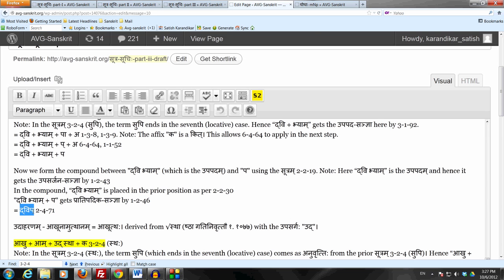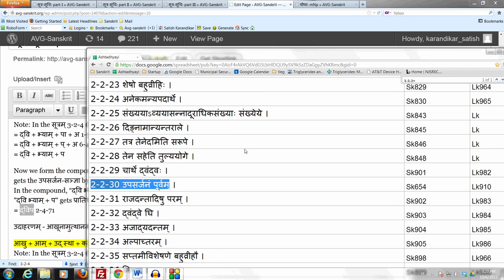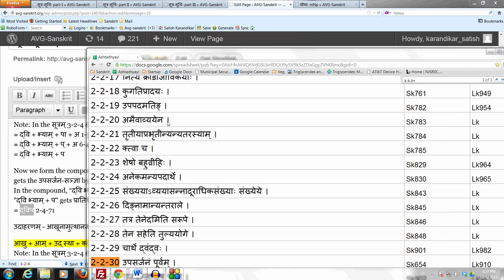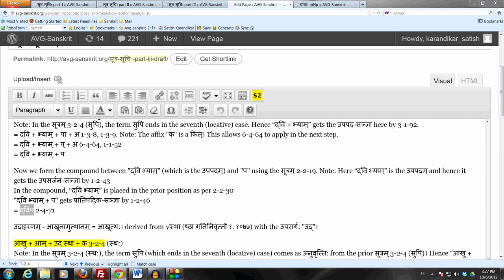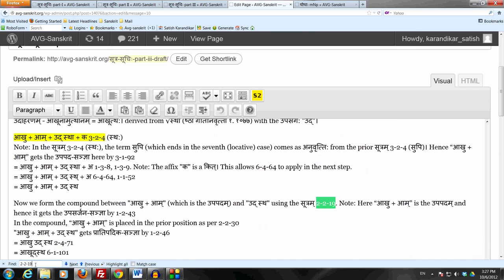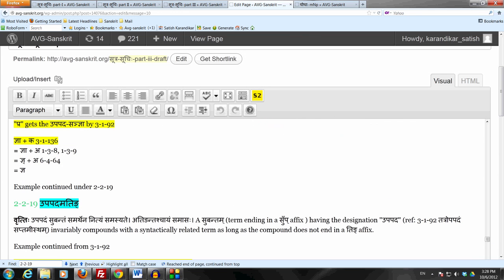So this compounding is done by using the sutram upapadam ating 2219, which we have studied and applied in the prior examples. Upapadam ating tells us that we can take an upapadam and compound it with a related term, samarthena shabdantarena.